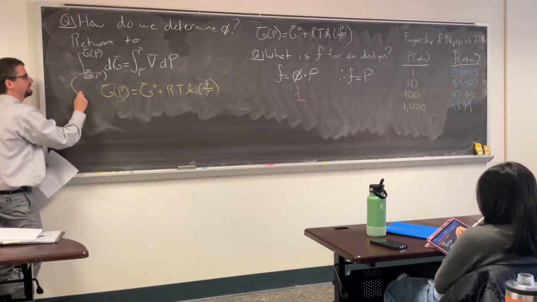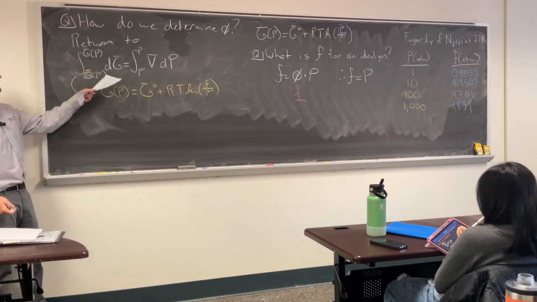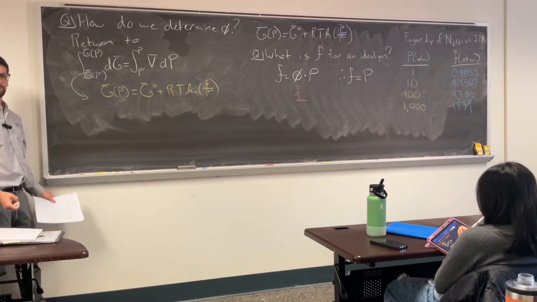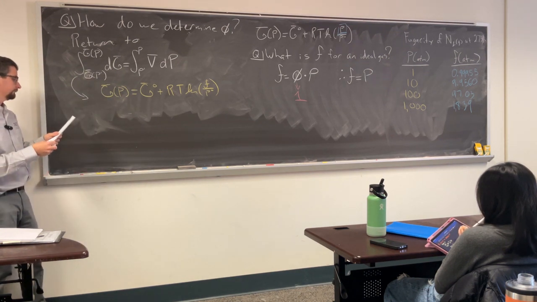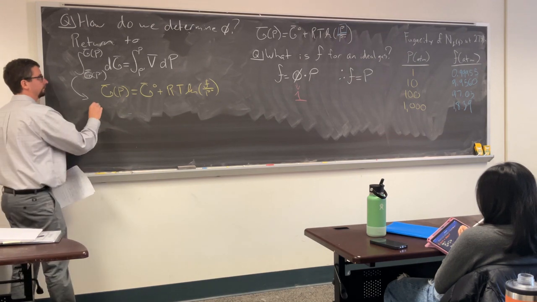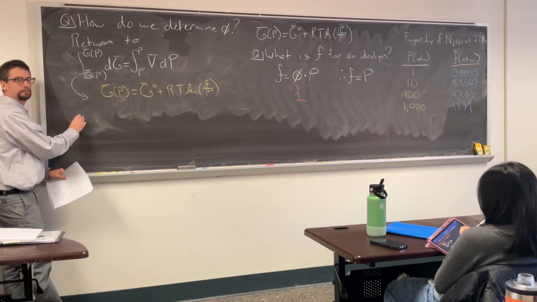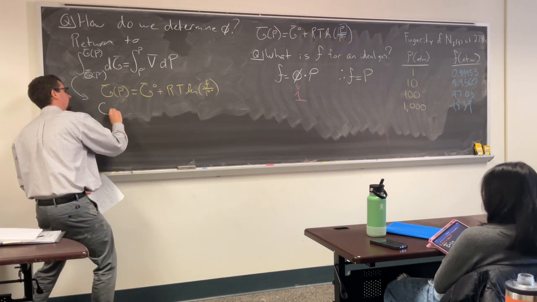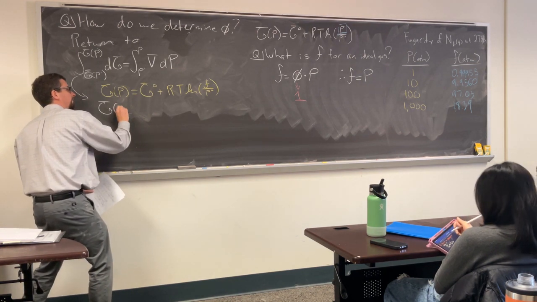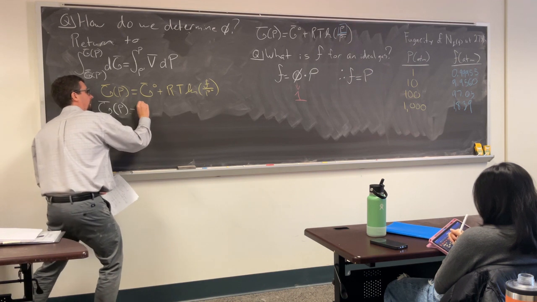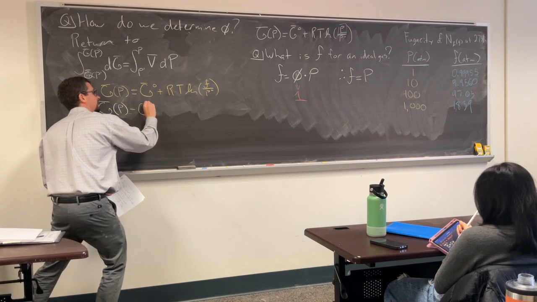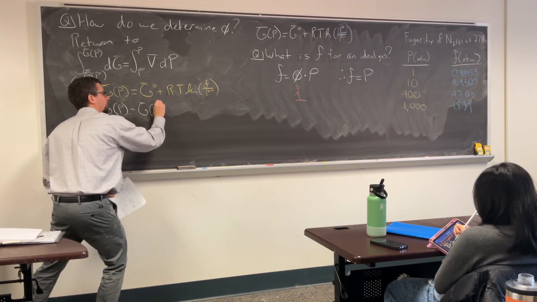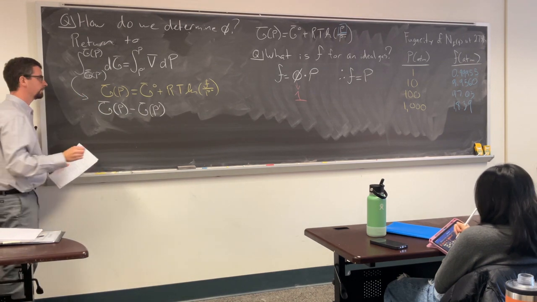We're going to plug that in here. If we integrate this side, what do we get? Yeah, delta G. Basically, G at some pressure minus G at another pressure we're going to call P prime.